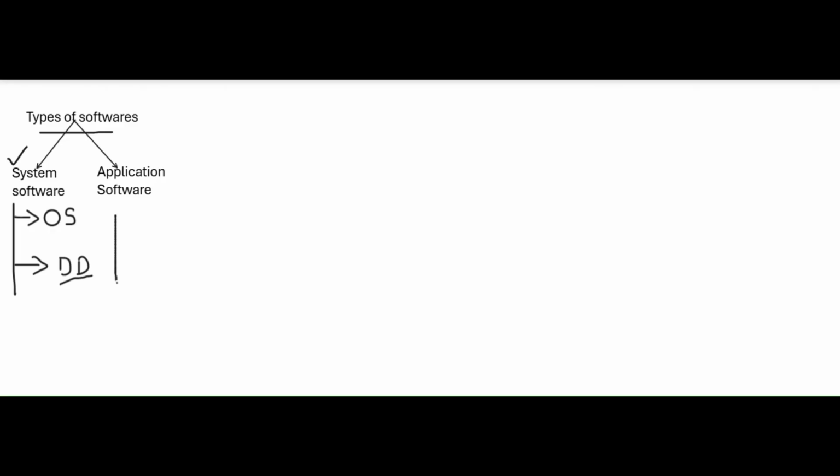And then coming to application software, these are specifically designed to serve a particular purpose. For example, you must have heard of Microsoft Word, which is specifically designed to type and format documents. Then MS Excel, which is used to manage tabular data, only tabular data.